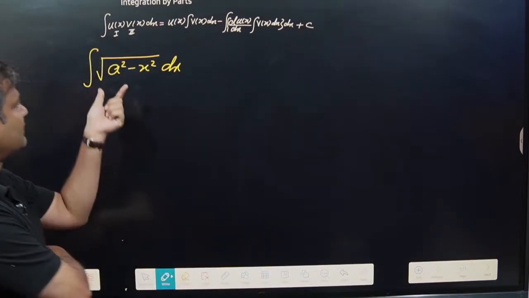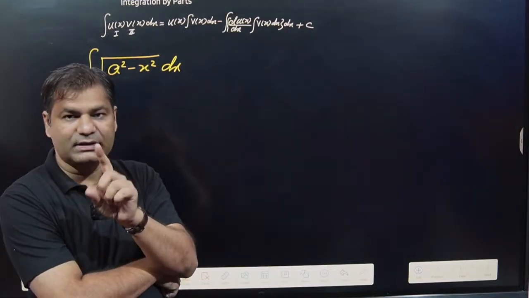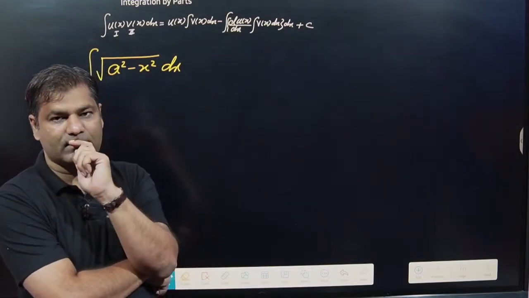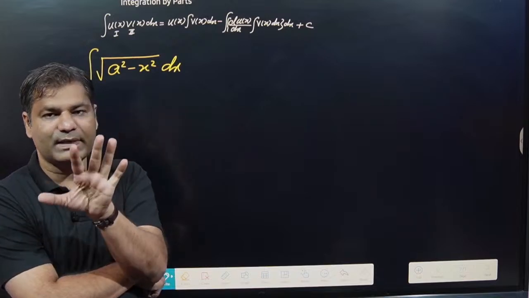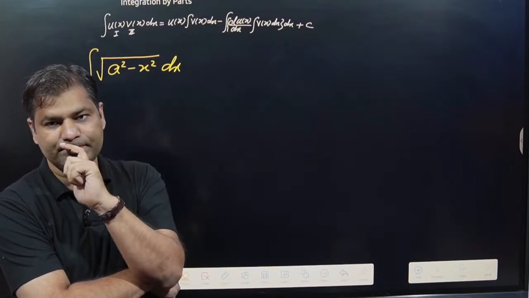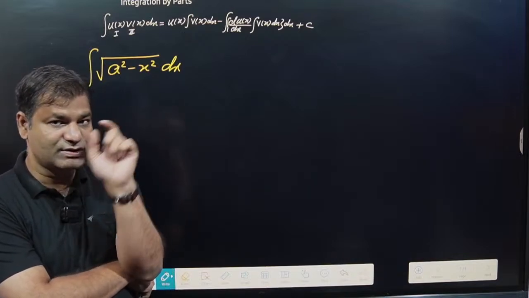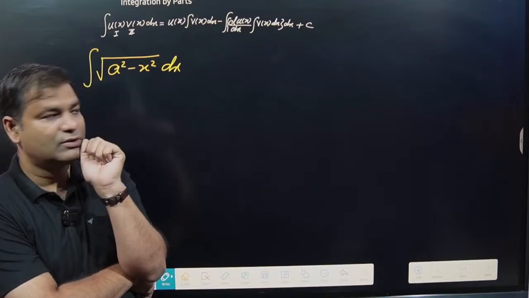Simply this one is a complicated function. You can differentiate under root a square minus x square, but you cannot integrate it easily because I don't know it. But I know the differentiation of this one.